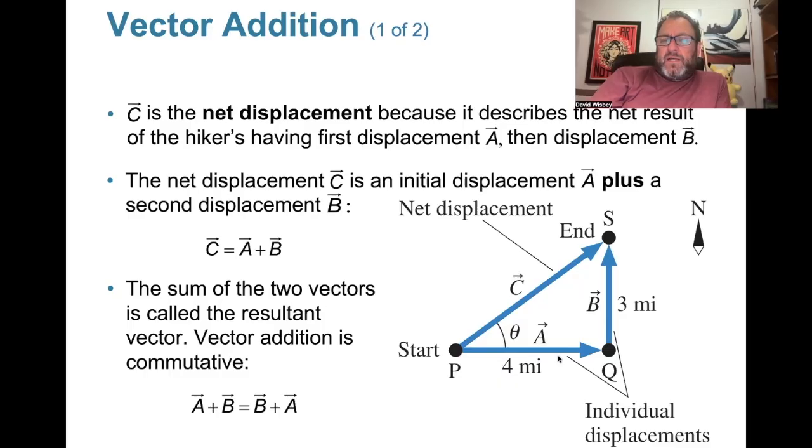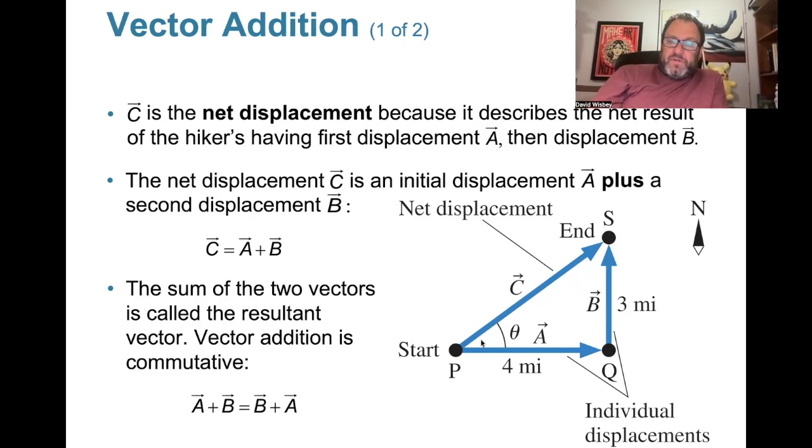So you hike 4 miles east and then 3 miles north. Okay, where are you relative to your starting position? How far did you go? So that's the question. How do we figure out how far we got from the start?